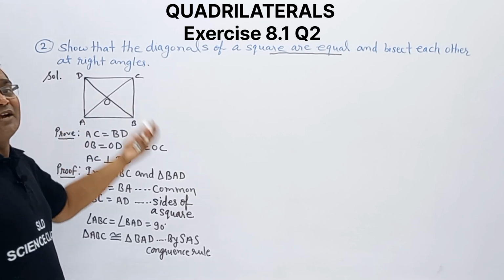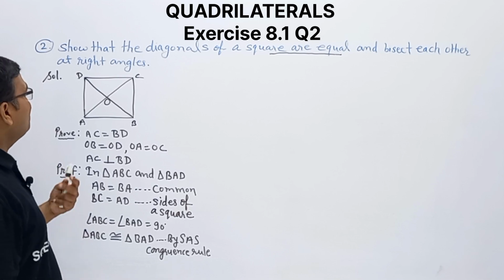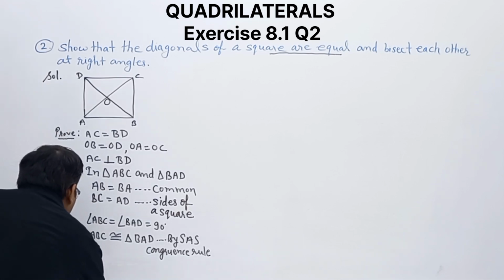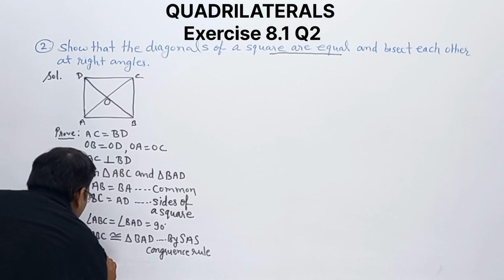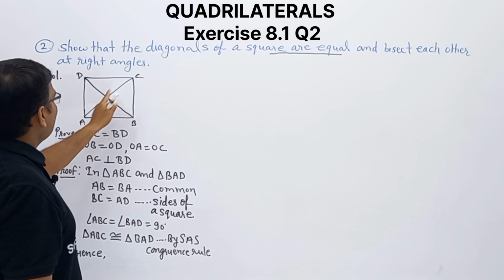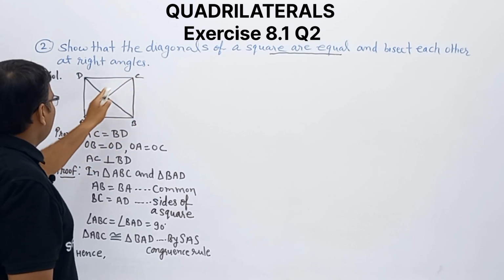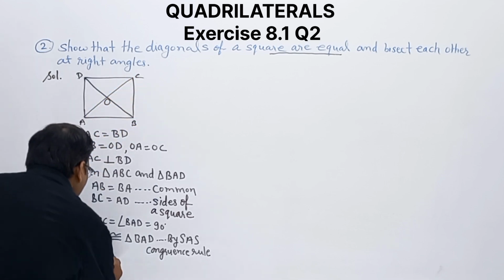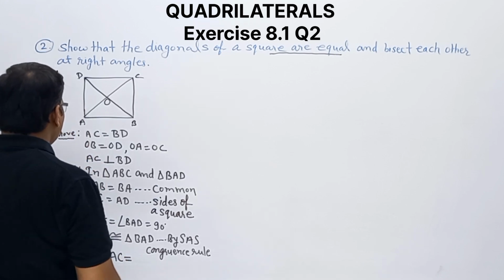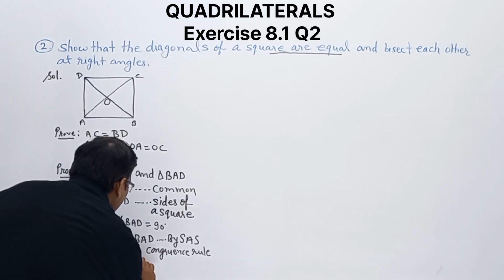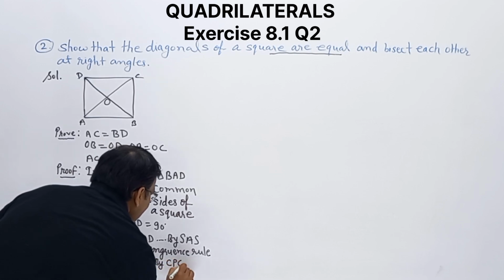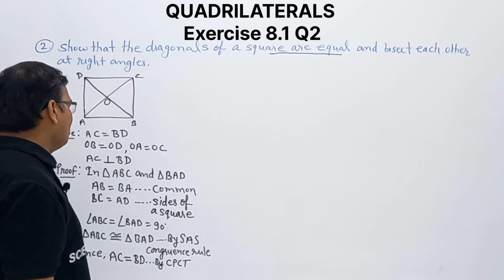Once these two triangles are congruent, then corresponding parts of these triangles will be equal. So hence, we can say this side in ABC, side AC, will be equal to BD by CPCT, corresponding parts of congruent triangles.